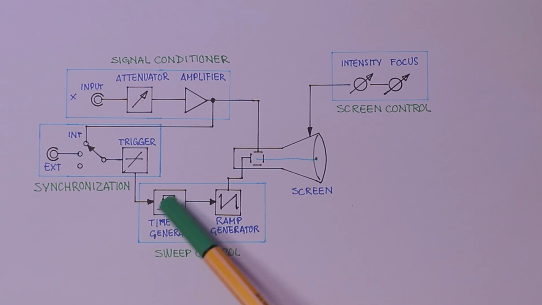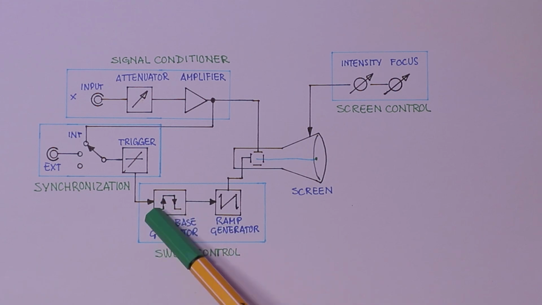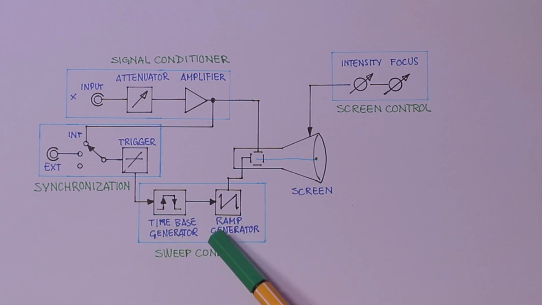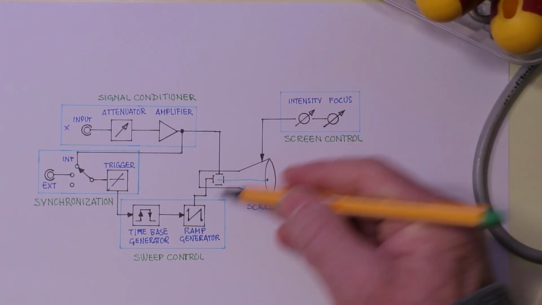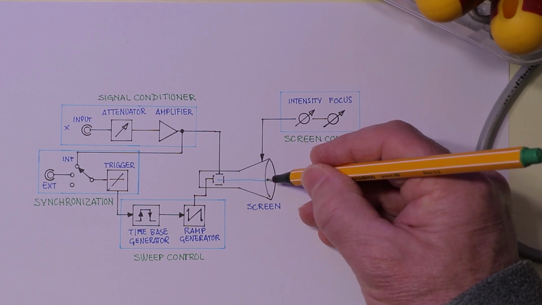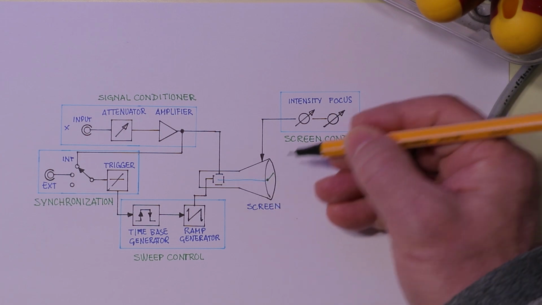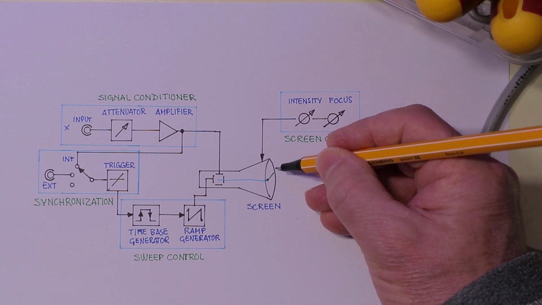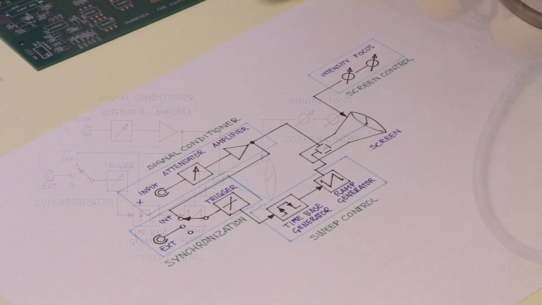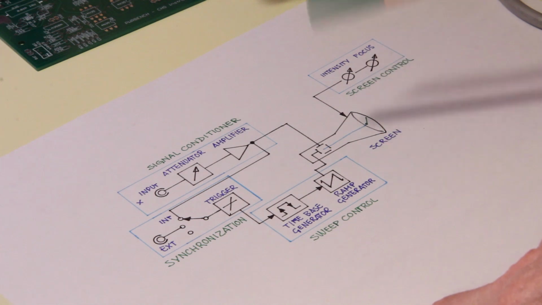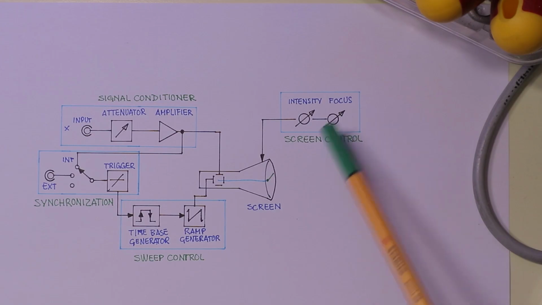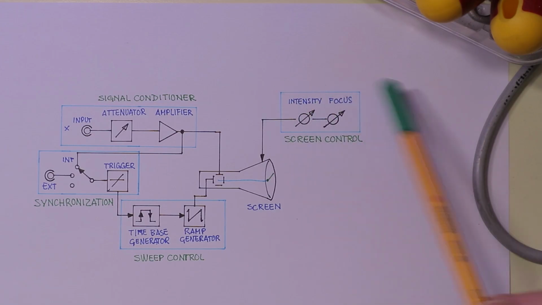The time-based generator essentially determines the time that the ramp generator takes to complete the sweep, and this controls the x-axis so that the dot draws a line across the screen on the x-axis.